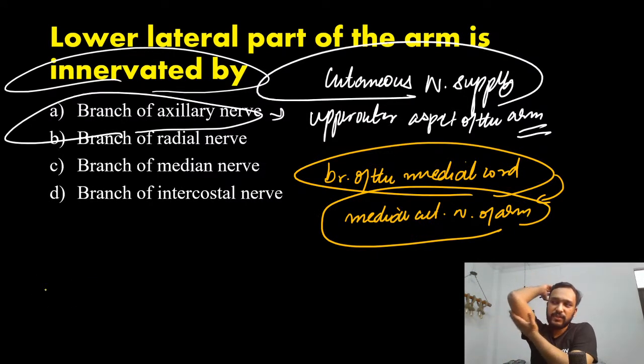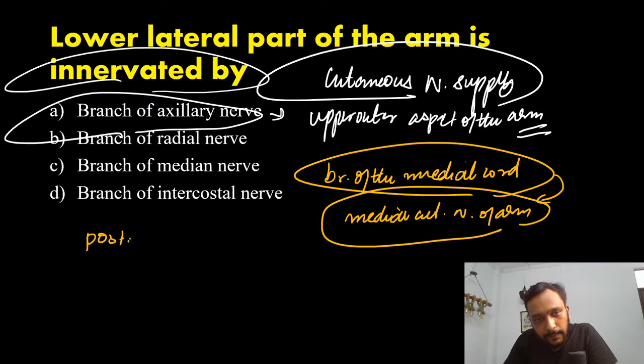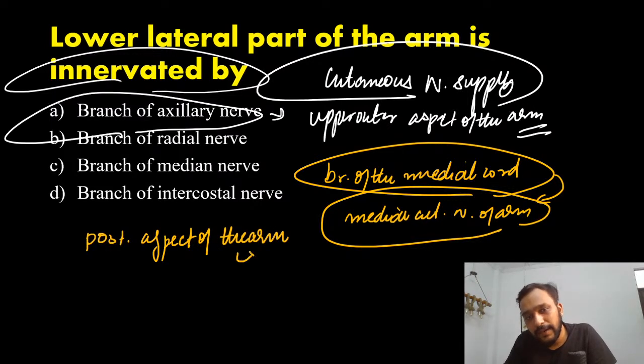Okay, then the posterior aspect of the arm. Posterior aspect of the arm is supplied by. Posterior aspect of the arm is supplied by the posterior cutaneous nerve of the arm.